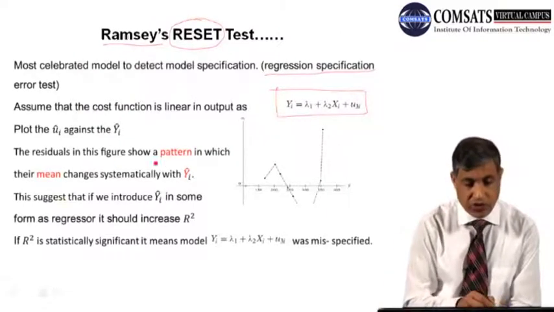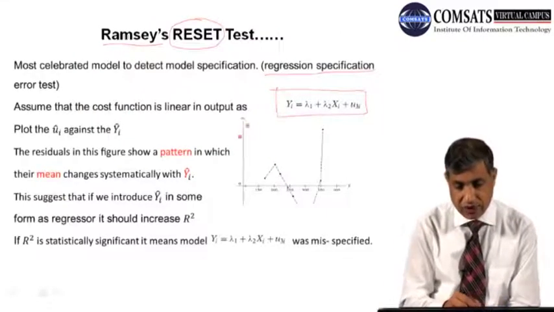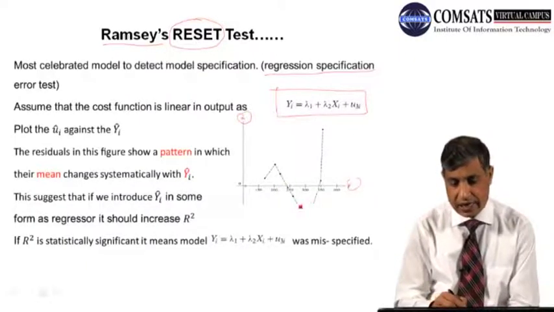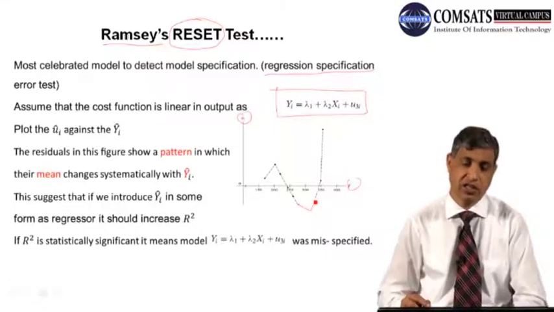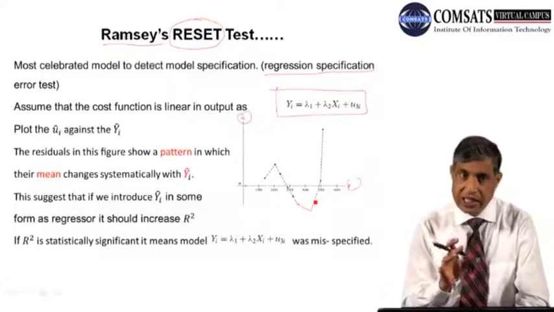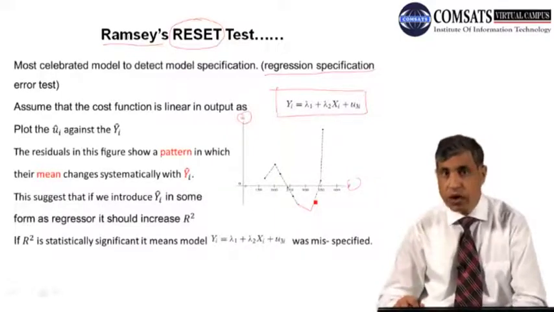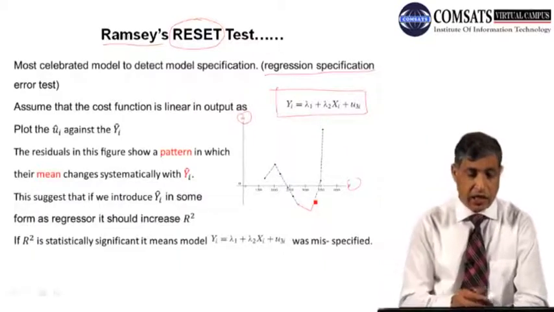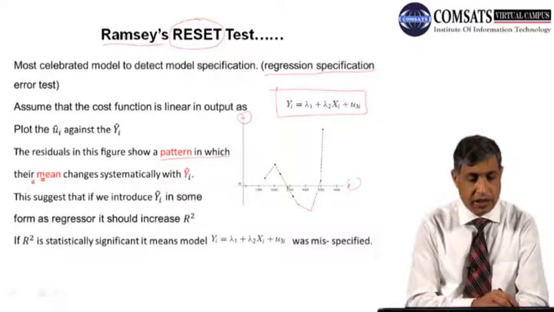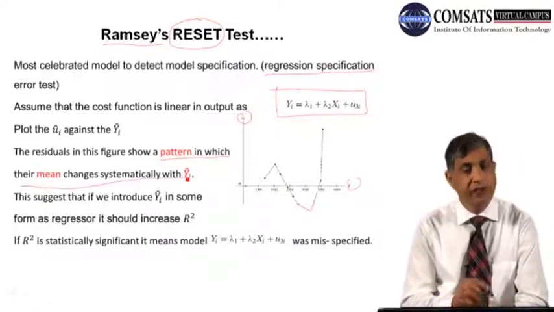The residuals in this figure show a pattern. This is the ui hat, this is the yi hat, and this is the discontinuity. If you see some specific trend of ui against yi, it means a pattern in which their mean changes systematically with yi.